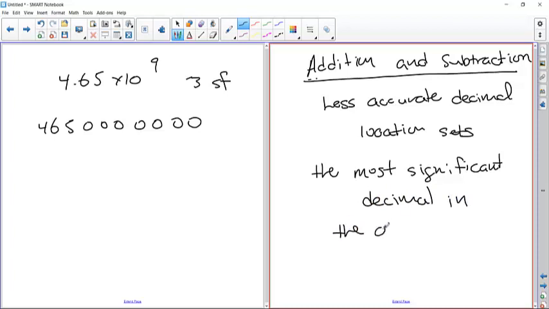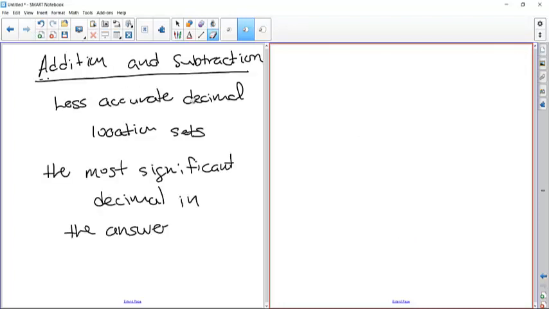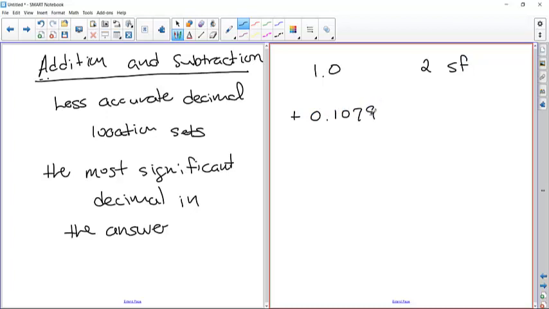I think the best way to do this is just by doing some examples. So let's say we take 1.0, which has two significant figures, and we're going to add 0.1079.